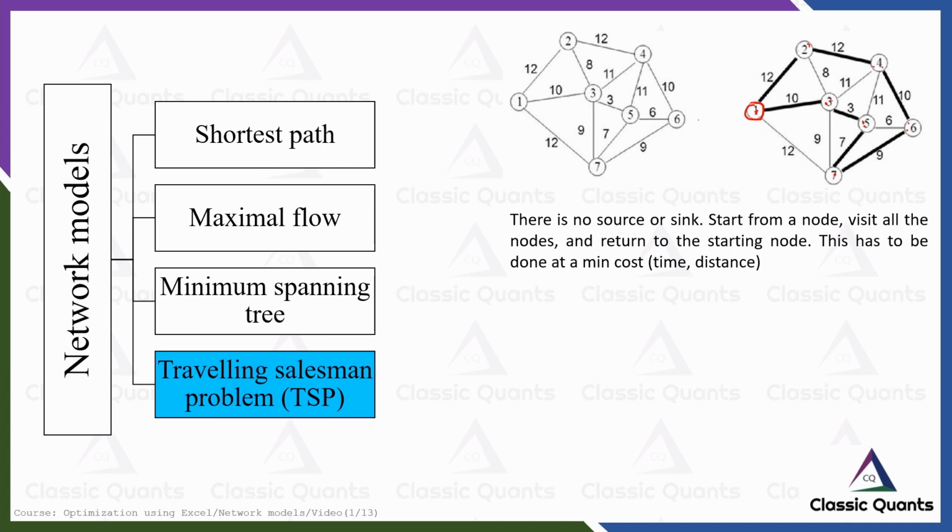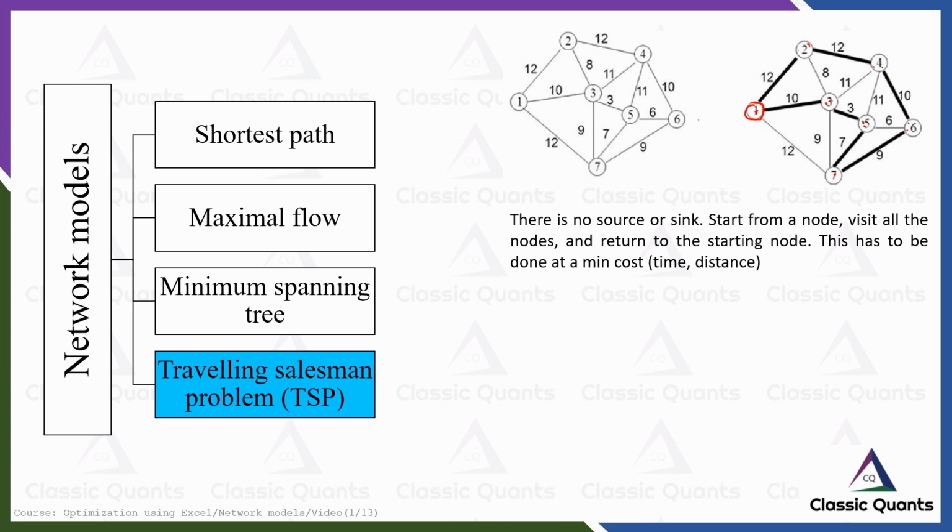So see, in case of minimum spanning tree, this type of cyclic nature of the tree was not available. The nodes were connected, but the nature of the network was not cyclic or round. There is no roundness in case of spanning tree networks. But in case of the traveling salesman problem, it is obvious that it has to be a round path.